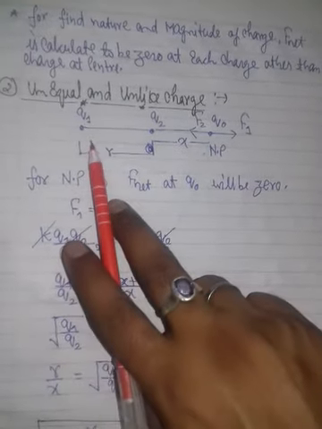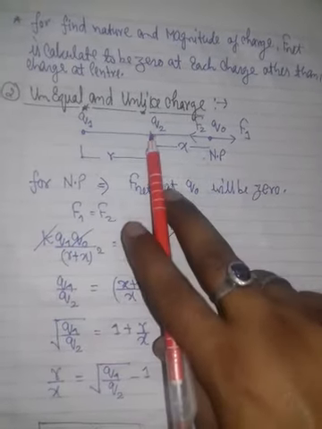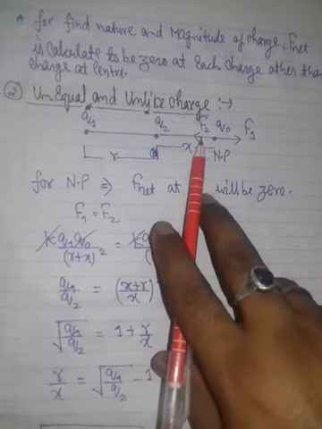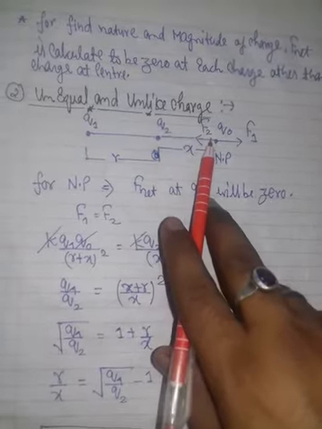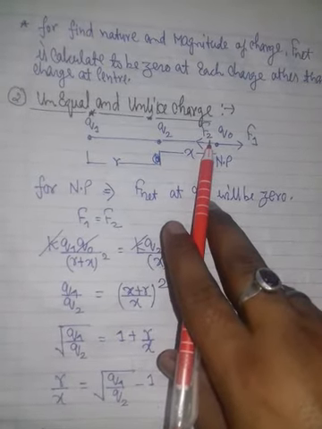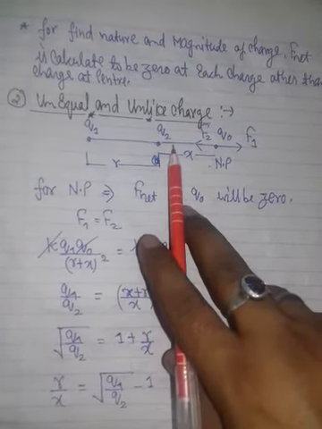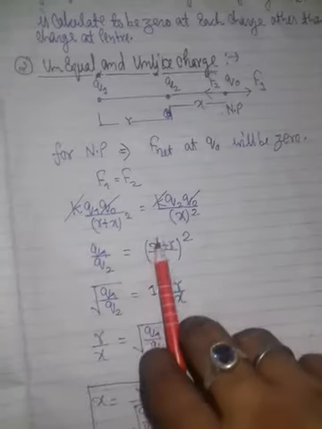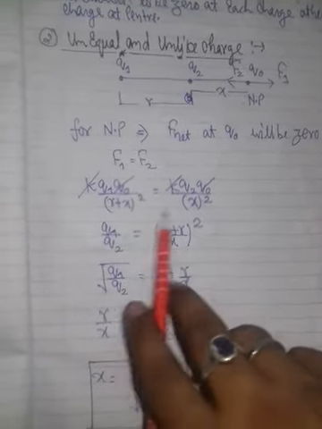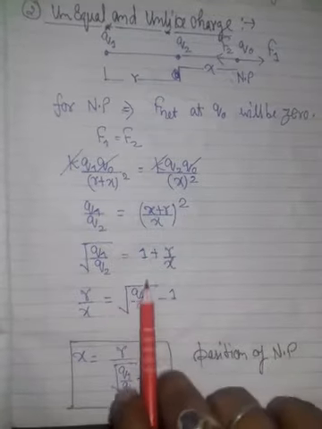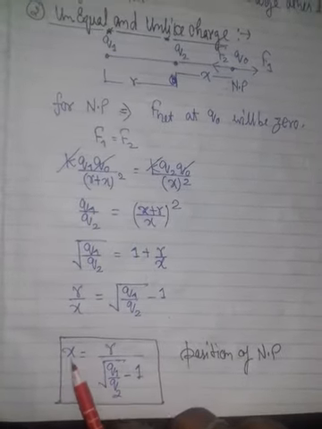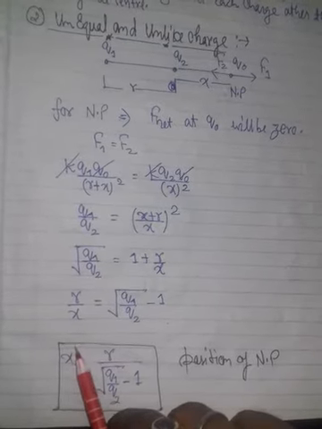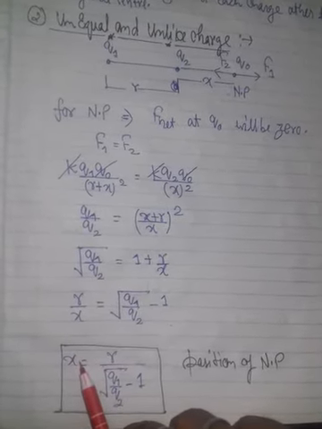F1 is the electrostatic force applied by the q1 charge, on the right-hand side, and F2 is the electrostatic force applied by the q2 charge, on the left-hand side, and both values are equal. Putting these values and solving the equation, we get the distance of the neutral point from the charge q2.